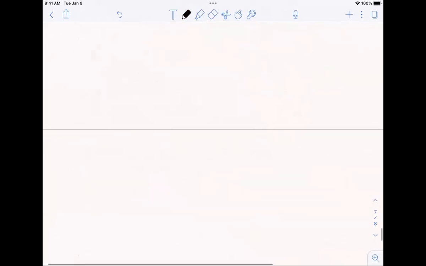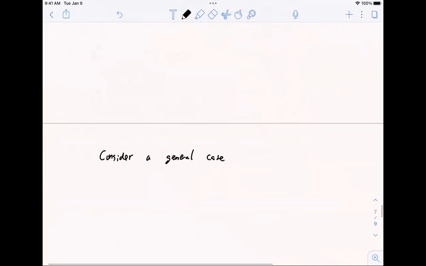When you have a Schrodinger equation with 2m plus, here I use a V, I just follow the textbook.